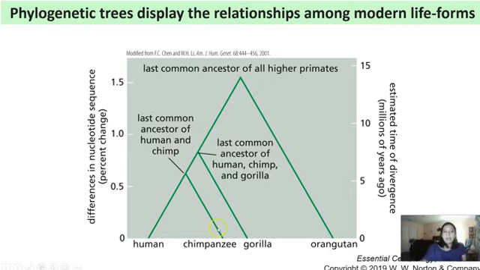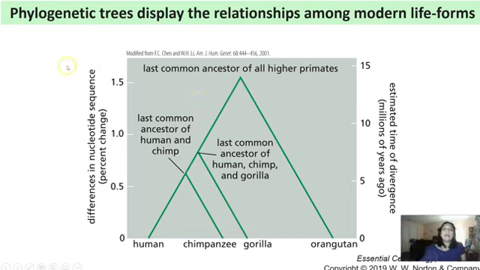So for example, here in this case, we are looking at the genome of humans, chimps, gorillas, and orangutans. And we are looking at how divergent they are from each other over time in millions of years, and based on the number of sequences that are different, the number of nucleotide changes that have happened, the percent change in that nucleotide sequence during that time frame.